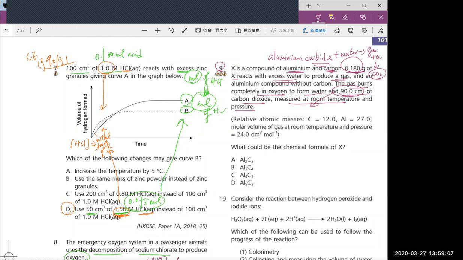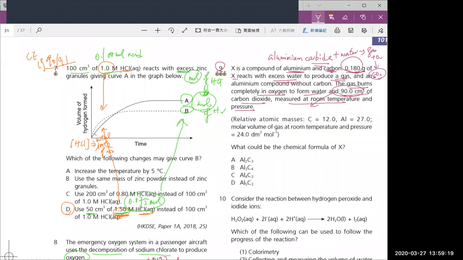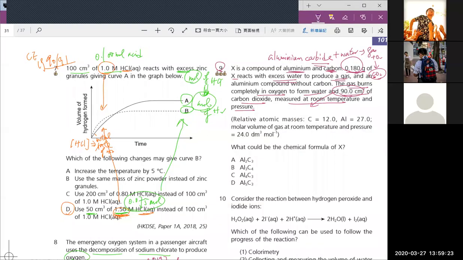But anyway, you may see that this CO2 contains carbon that will help you come back to this carbide, right? All those C come from this carbide. So this is the underlying principle.